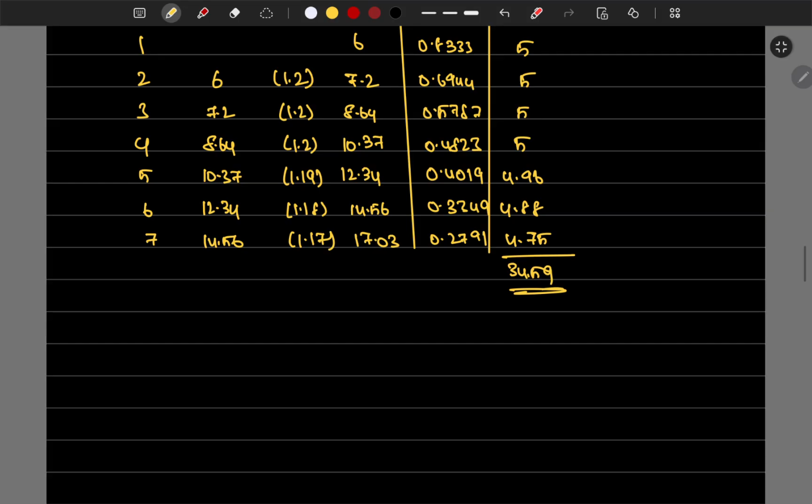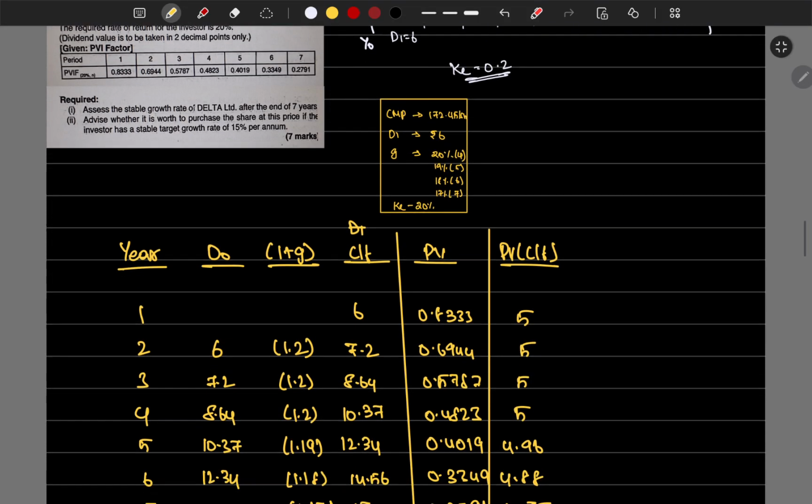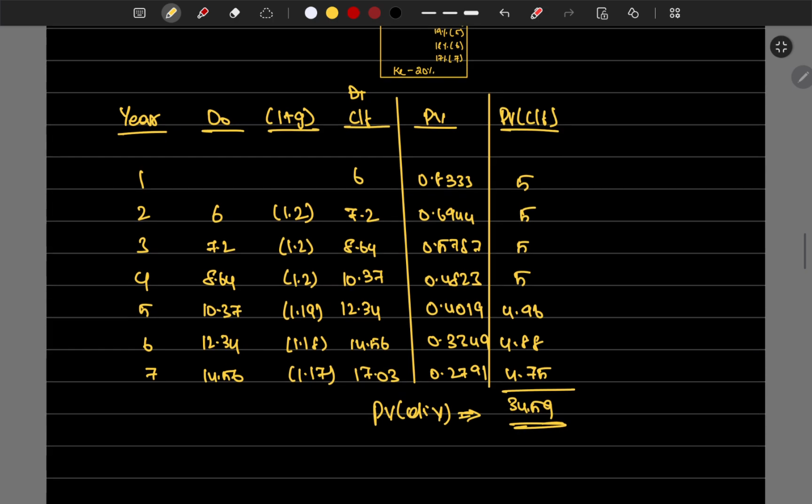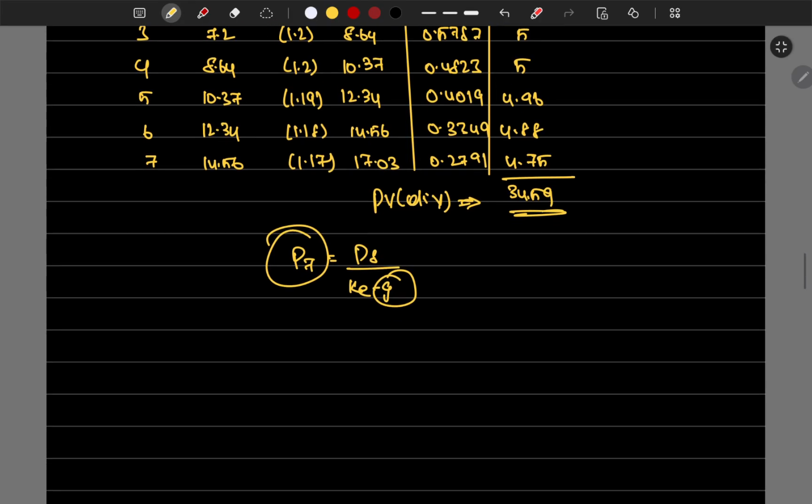So we got the present value of dividends now, but we don't know the growth rate. If we know the growth rate, only then can we tell the value. P7 is equal to D8 divided by KE minus G. We don't know P7, and we don't know G either. Now how do we calculate P7?